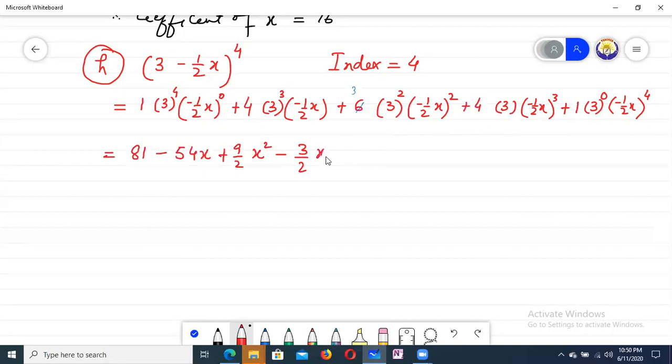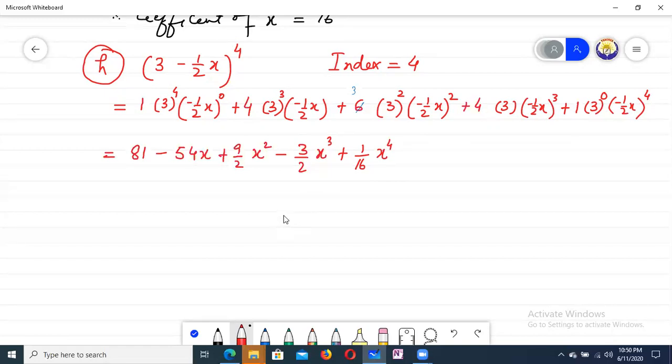And here x cube as it is. Then 3 raised to the power 0 is 1. Then minus 1 raised to the power 4 is plus 1, divided by this 2 raised to the power 4, 16, and x as it is. It means plus 1 divided by 16, and x raised to the power 4 as it is.